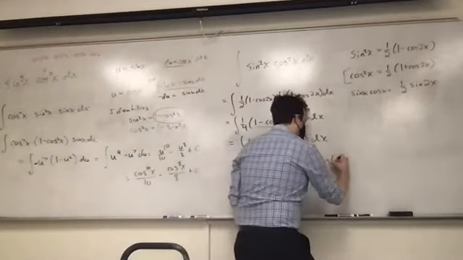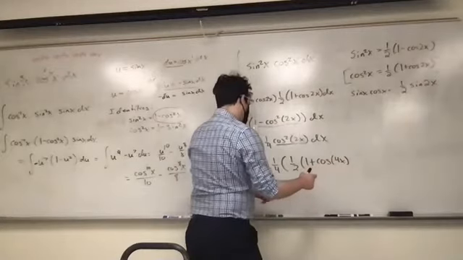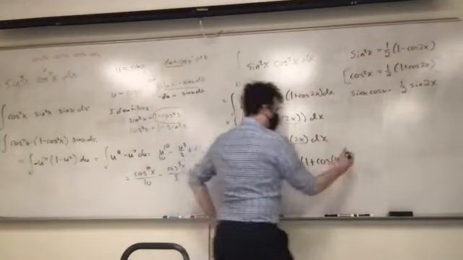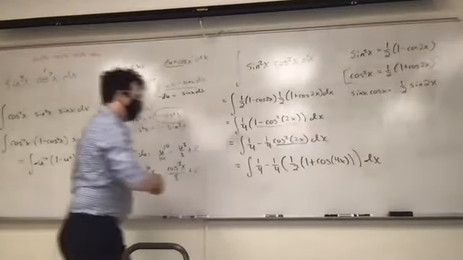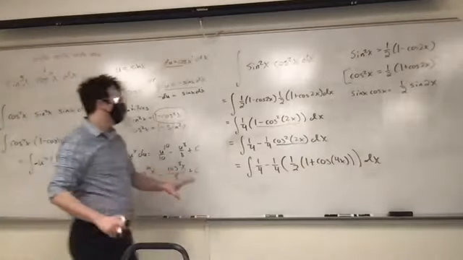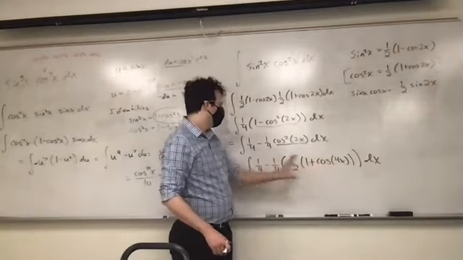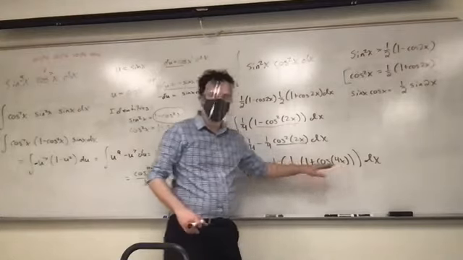So here this becomes cosine of 4x. And that one closes and that one closes. So using that blue trig identity, we can turn this cosine squared into some stuff with a regular cosine with a bigger constant in front.